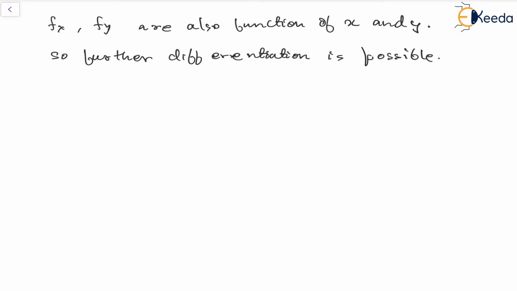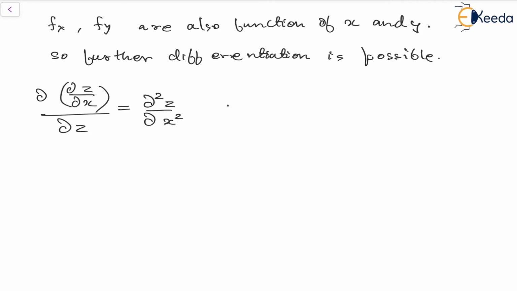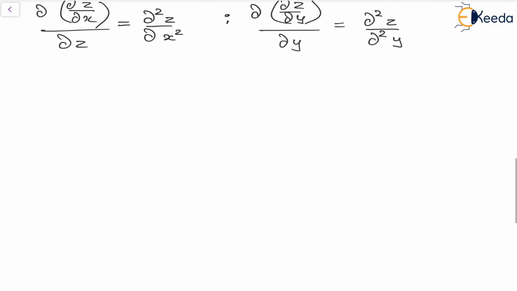So what we can do is, we can differentiate dou z over dou x again with respect to x. So this will be the second order derivative of z with respect to x, or maybe differentiating dou z over dou y again with respect to y will give the second order derivative of z with respect to y.